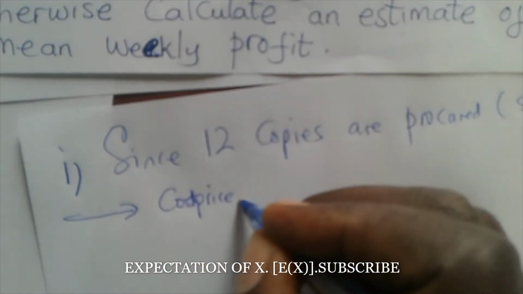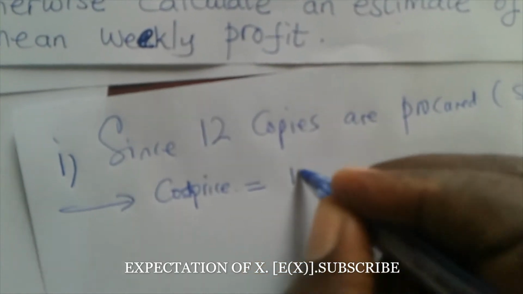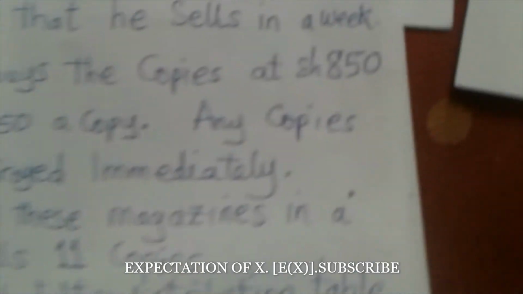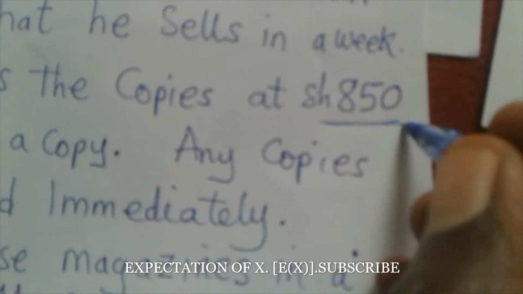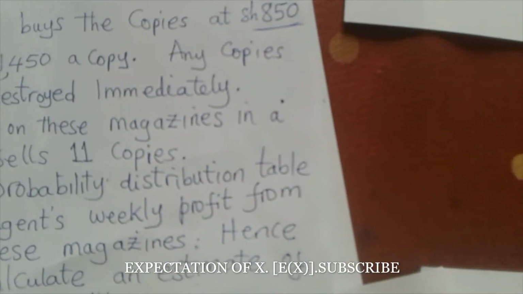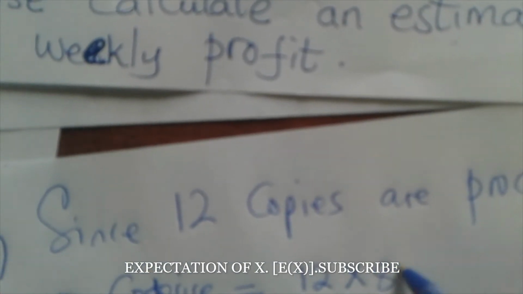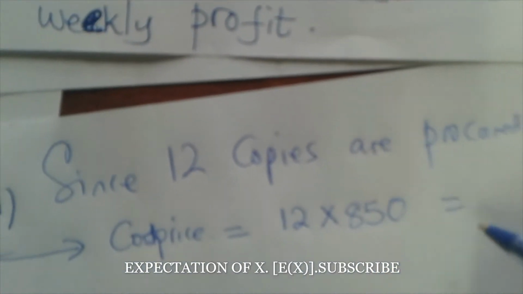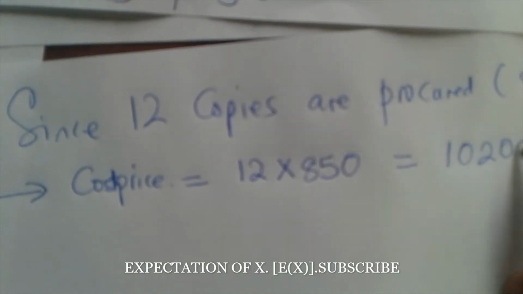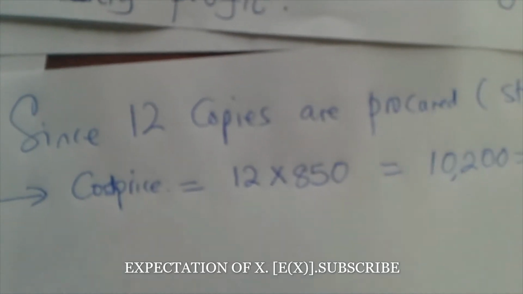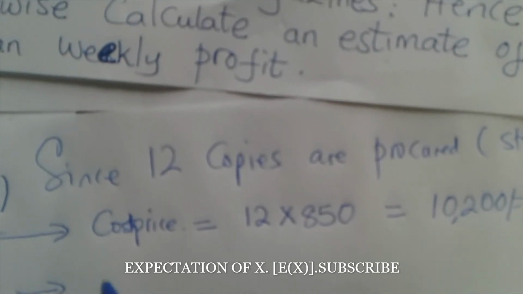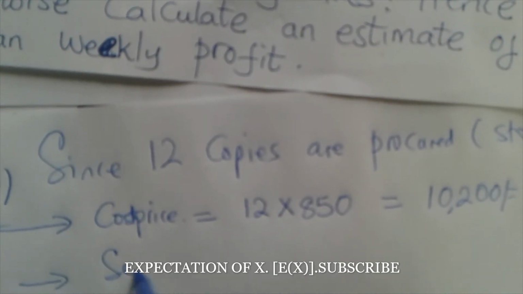The cost price will be how much money this news agent pays for the copies. Now, 850 is the cost per each paper, and for 12 papers you get 12 times shillings 850, and this will give us the cost price of 10,200 shillings. Now we need the selling price.